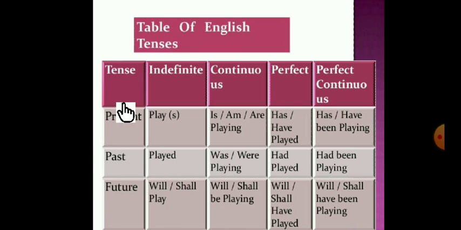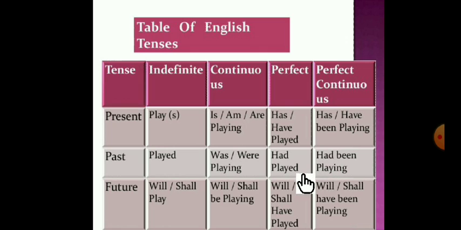They are the three children of tenses. And here the three children have four common children. Which are they? Simple, indefinite, then comes continuous, then comes perfect, then comes perfect continuous. Understood? So let's begin with this.